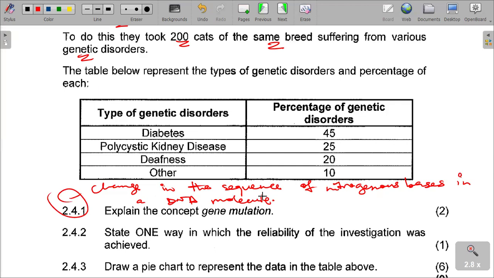So that is gene mutation, a change in the sequence of nitrogenous bases in a DNA molecule. In simple terms, we can just put it in that way.